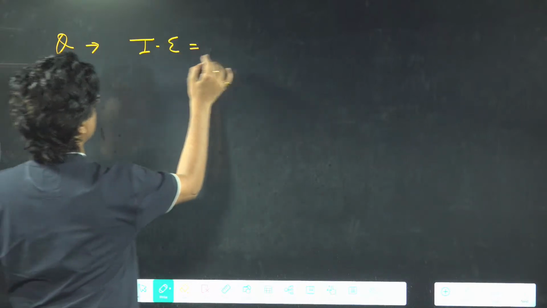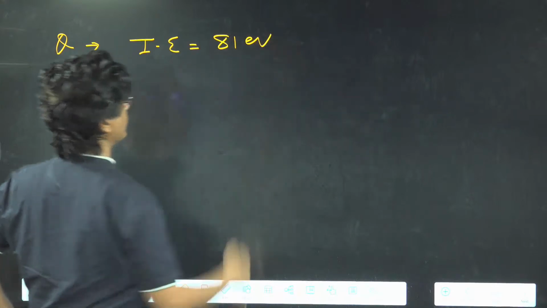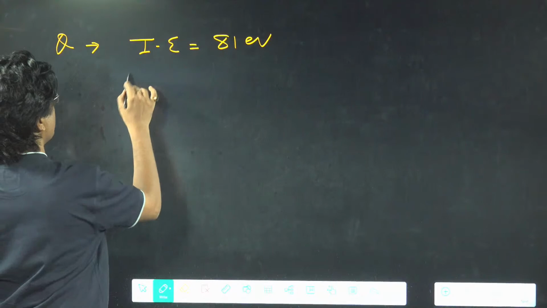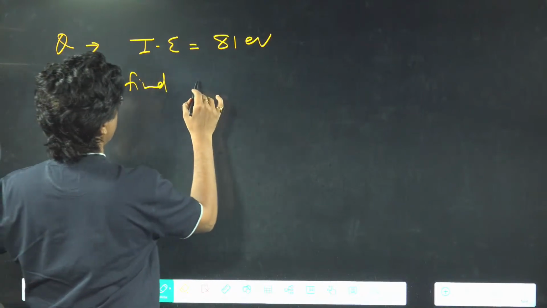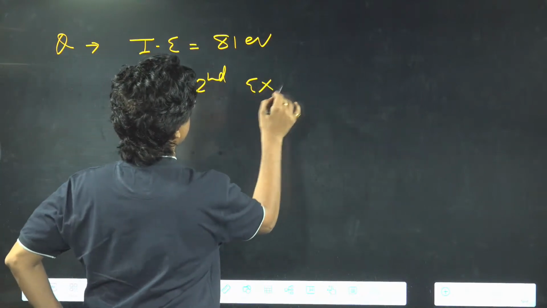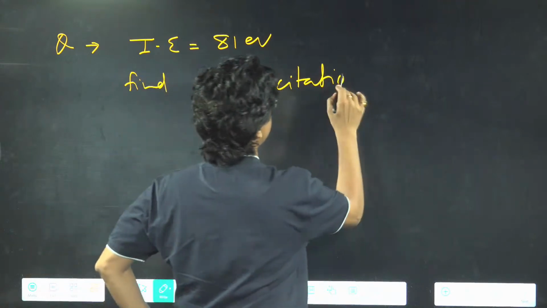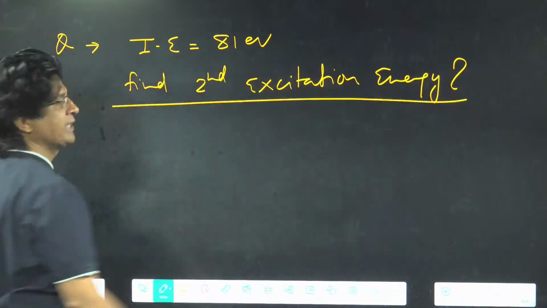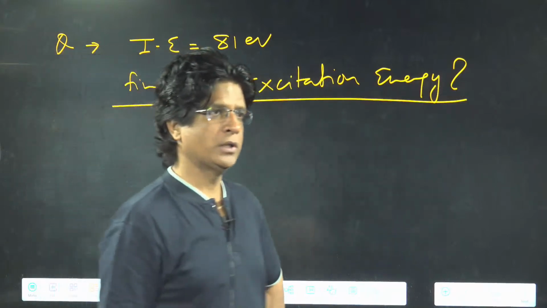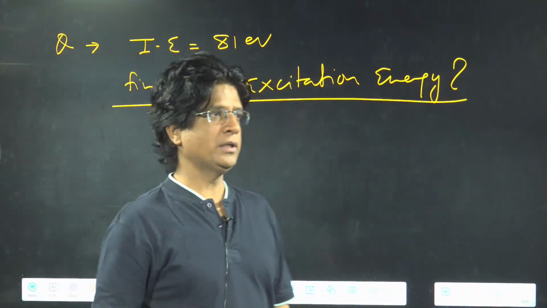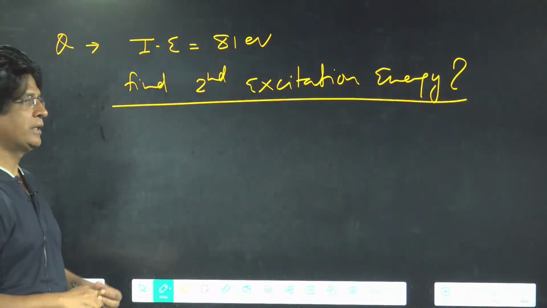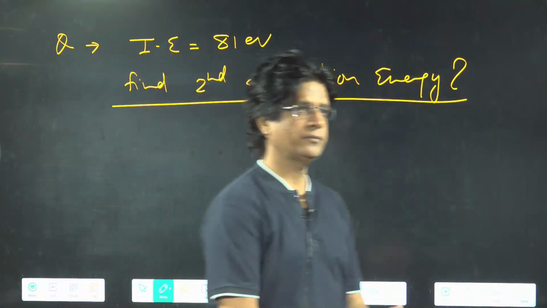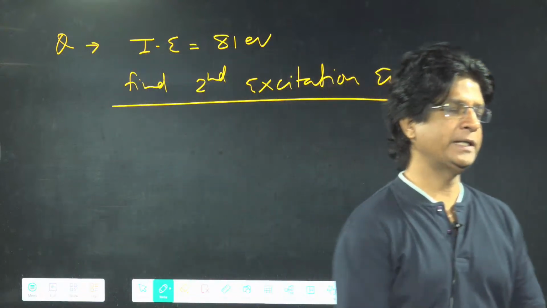Ionization energy is given as 81 electron volt in a one electron species, and the question says find the second excitation energy. Come on, find second excitation energy. It's a good question. Try to do it. Give me the answers, please.